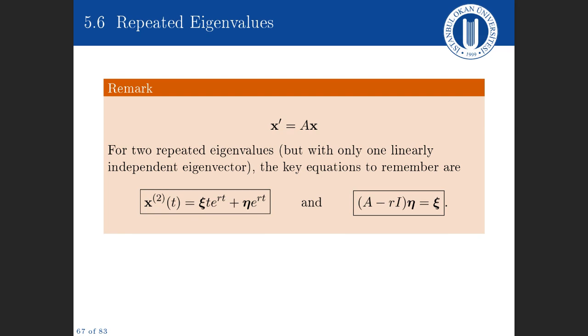Okay, so let's just recap the ideas here. If we have two repeated eigenvalues, but we have only one linearly independent eigenvector, then there's two equations that we need to remember.